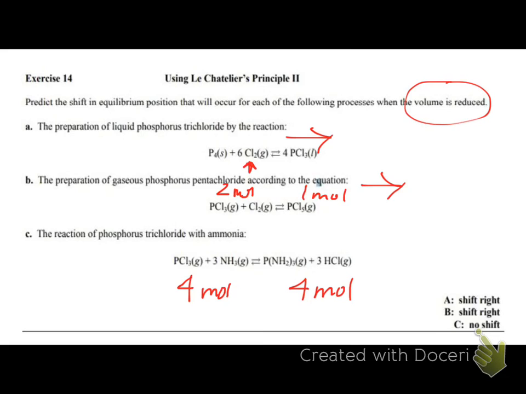Yes. So when you're decreasing the volume, think of a balloon. Okay. If I have a certain amount of gas in there and I squish my balloon, first of all, my pressure obviously increases, but for concentration, moles per volume, now I have the same amount of moles but a smaller volume. So the concentration of them is higher. Does that make sense?